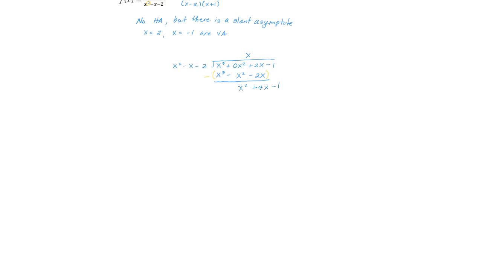So if I multiply my divisor by a positive 1, we have x squared minus x minus 2. And then again, remember long division, we subtract down. So 4 minus a negative x would give me a positive 5x. Negative 1 minus a negative 2 would be a plus 1. Now the slant asymptote is actually this quotient on the top, which would be y equal to x plus 1.